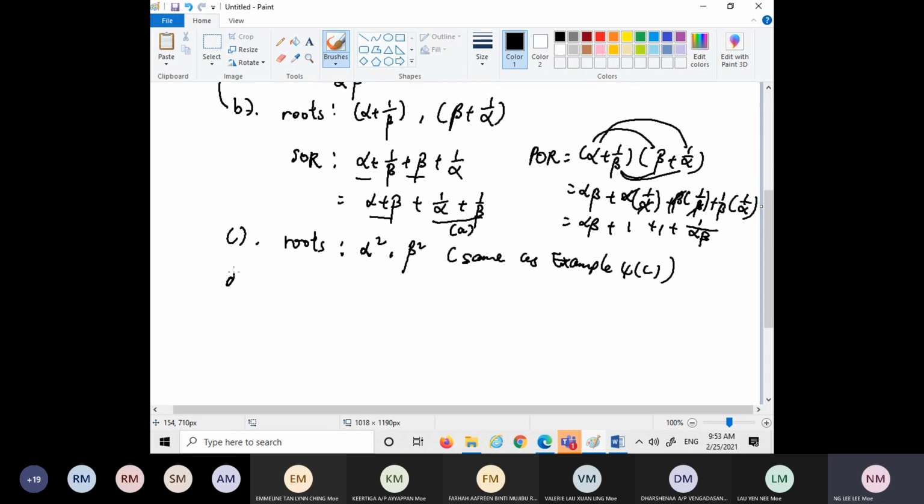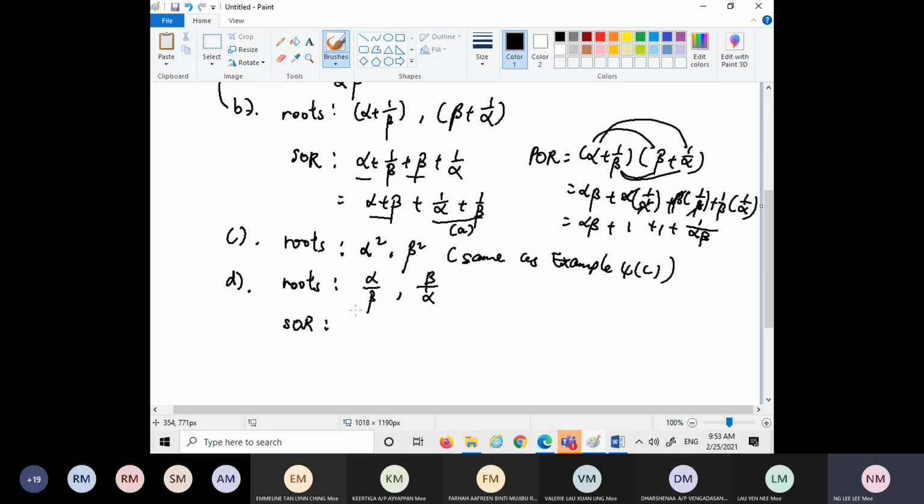Now we come to D. The roots are alpha over beta, beta over alpha. So we see what will happen.